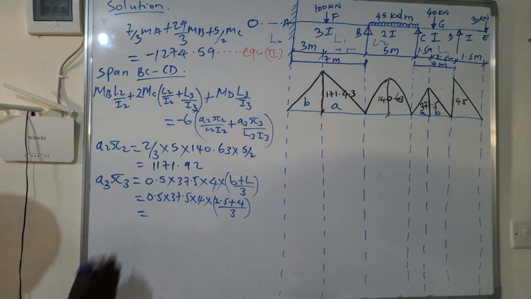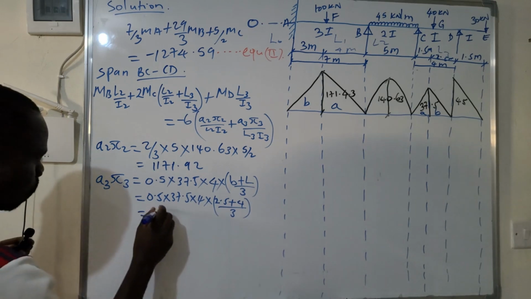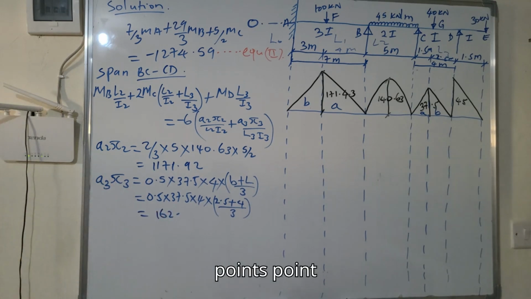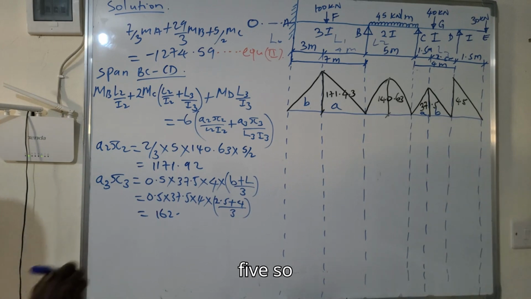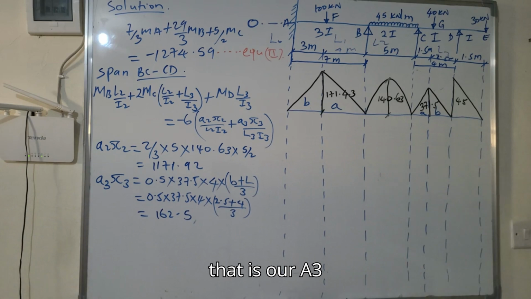So our final answer will be 162.5. So that is our A3 x bar 3.